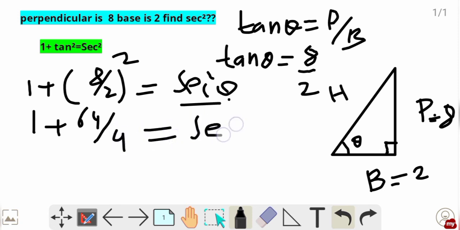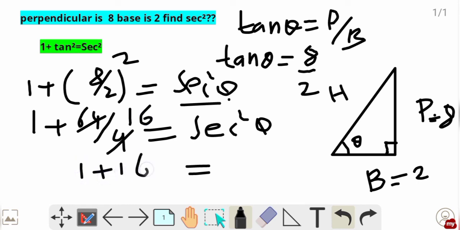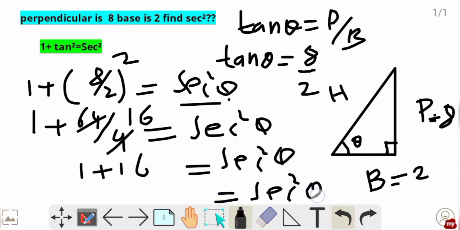So secant square theta. So 4 1s are 4, 4 16s are 64. So it will become 1 plus 16 is equal to secant square theta. So secant square theta is equal to 17. So guys, this is our right answer.